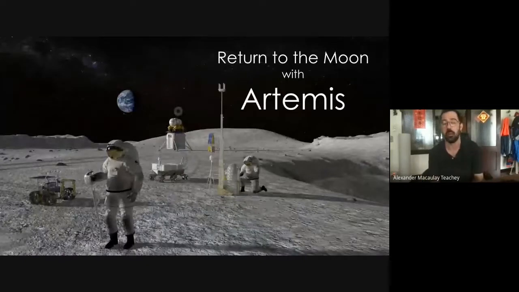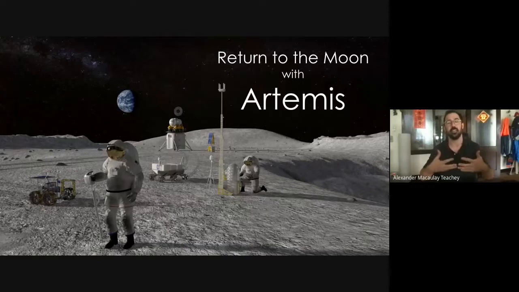And you probably know that we're going back. NASA has plans to return to the moon with Artemis. Artemis is the sister of Apollo, appropriately enough. This time the astronauts are intending to land on the south pole of the moon, where it's thought that there is a great deal of water ice deposited in the permanent shadows of the South Pole.